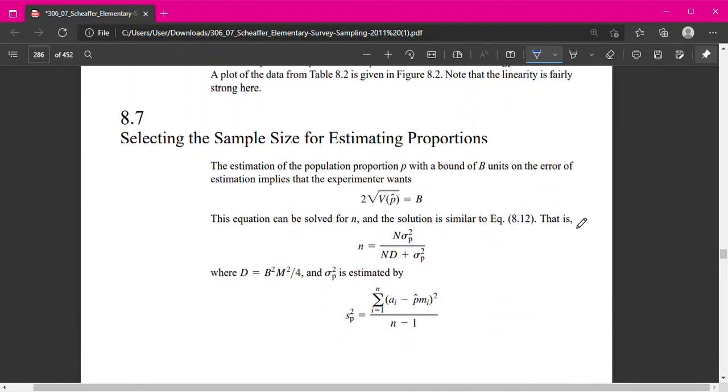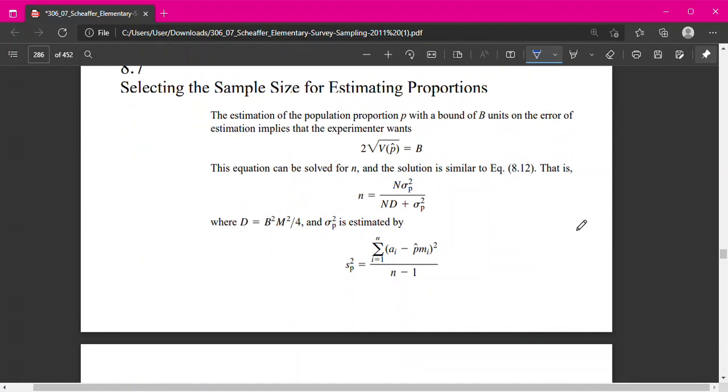Okay, next we move to selecting the sample size for estimating the proportion. Remember, for cluster sampling, when we want to find the sample size, it means we want to find the number of selected clusters. So this is the formula.